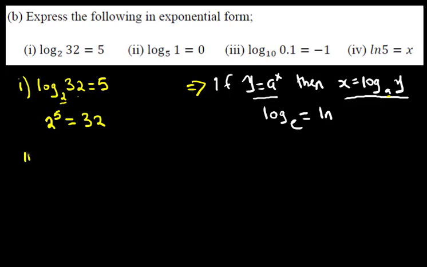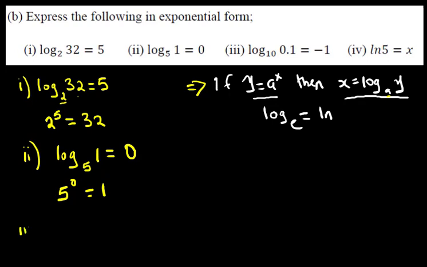For question 2, we have log base 5 of 1 is equal to 0. Expressing this in exponential form is just 5 to the power 0 is equal to 1.